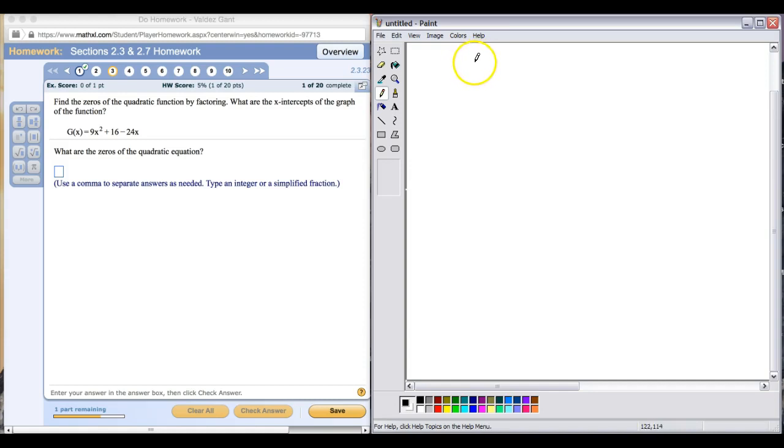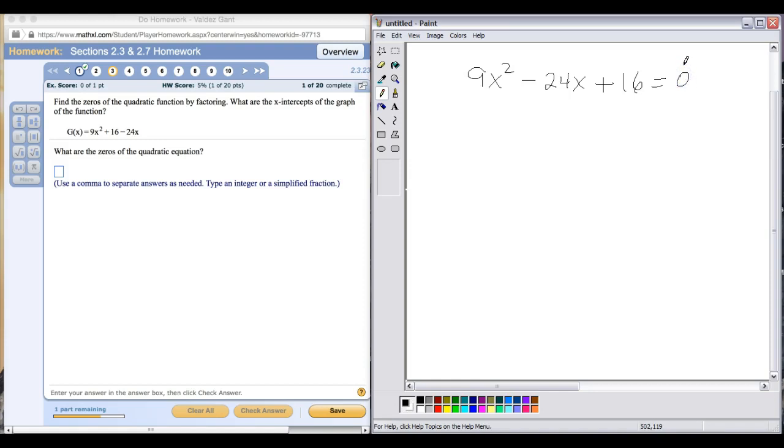We need to use the commutative property for addition and switch this around. So we would say 9x squared minus 24x plus 16 is equal to 0.